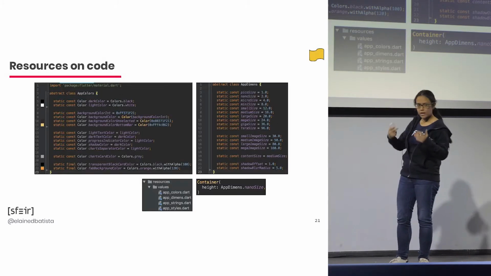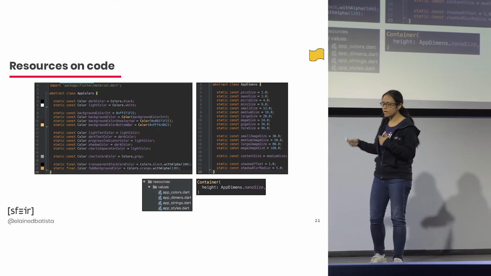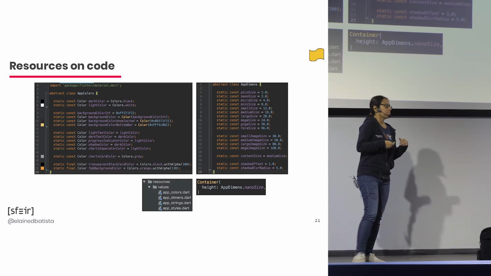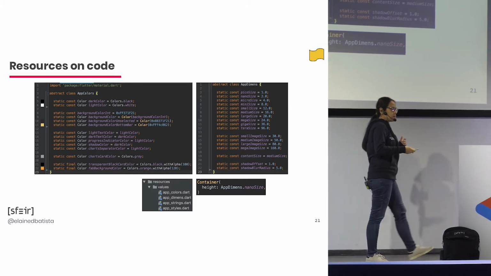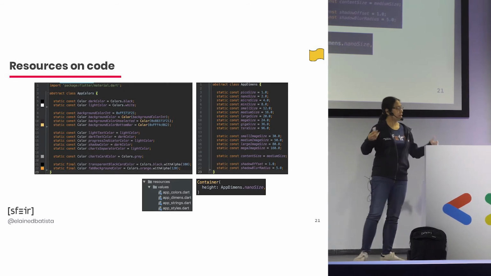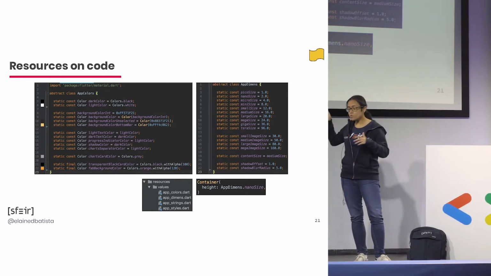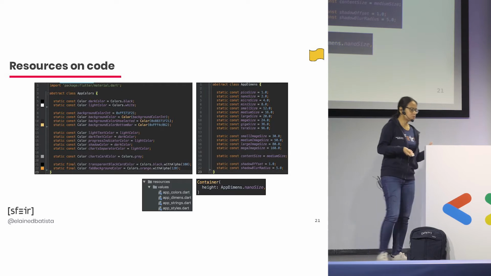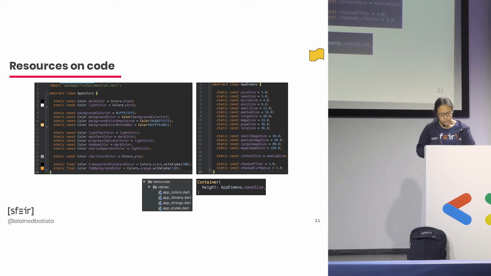What about other kinds of resources like dimensions, styles and stuff like that? They are not handled at all by the framework, so you have to do it by hand. This is what I have done. Basically, I have one file for each kind of resource that isn't handled another way: colors, dimensions, strings, and styles.